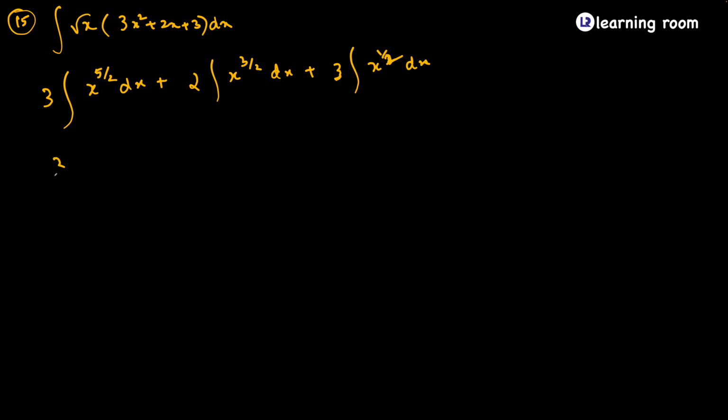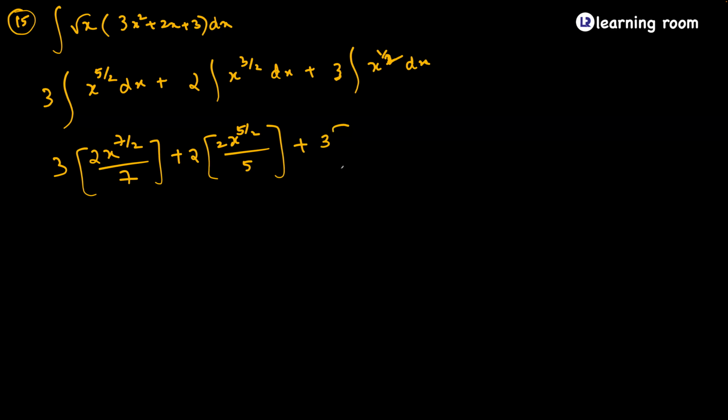By now I am assuming that you know how to handle fractions in integration, right? So what are you supposed to do? 3 into x power 7 by 2 divided by 7 and 2 will be here, right? Plus 2 into x power 3 by 2. It is going to be x power 5 by 2 divided by 5 and 2 here. Plus 3 into x power half.